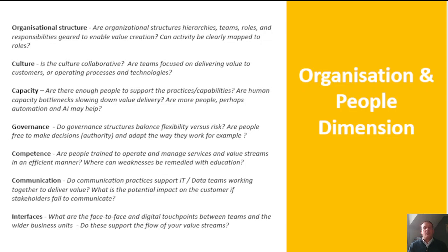Capacity. Clearly, there's always the question of, we don't have enough people, but are people really supporting practices and their capabilities? Are there bottlenecks somewhere? Are they slowing down the ultimate delivery of value? The other element to this in terms of capacities, the answer isn't always we need more people.